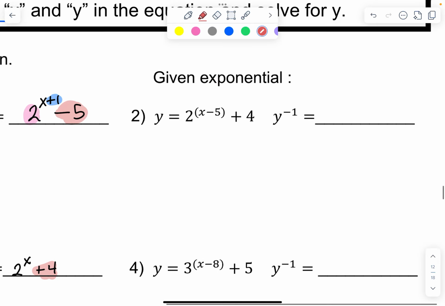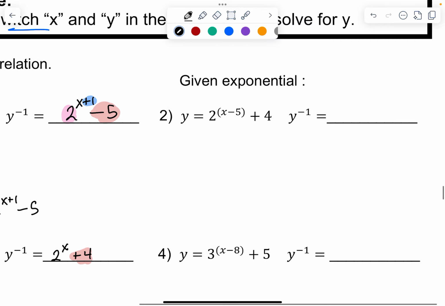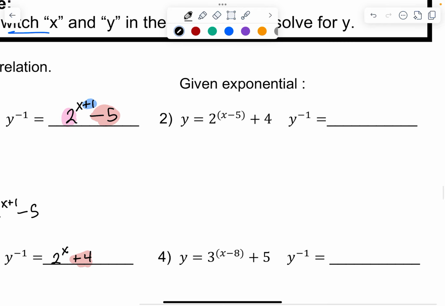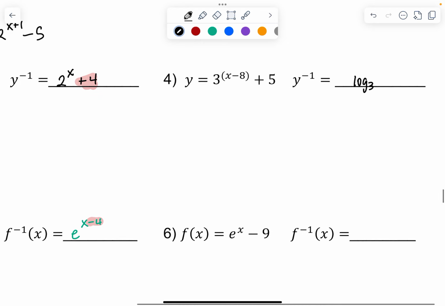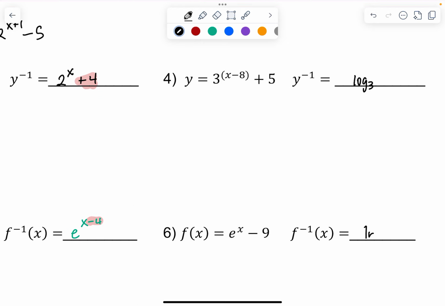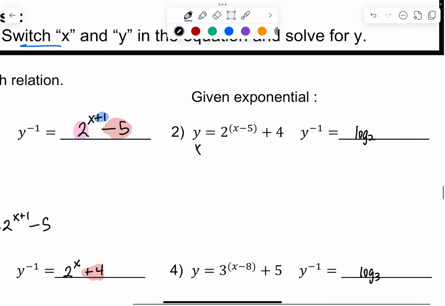Okay, and so looking at going in the opposite direction, we're starting with exponential, and then we're going to end up with logs. And so I can already kind of visualize I'm going to end up with a log base 2 over here. I'm going to end up with a log base 3 over here. And I'm going to end up with natural log over here. Okay, so first step, switch your x and y. And you don't have to have parentheses around the exponent.